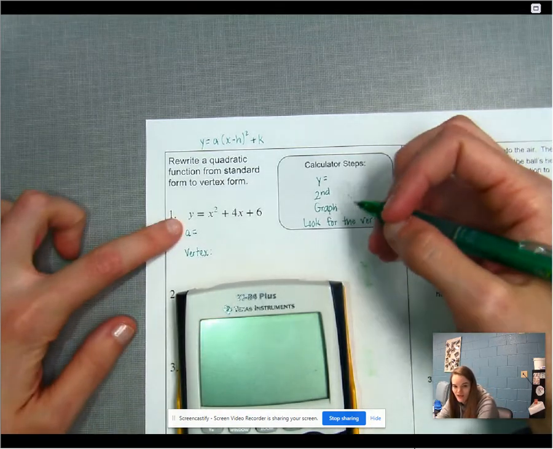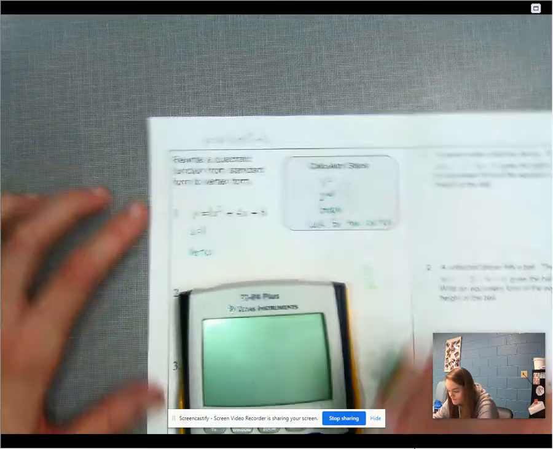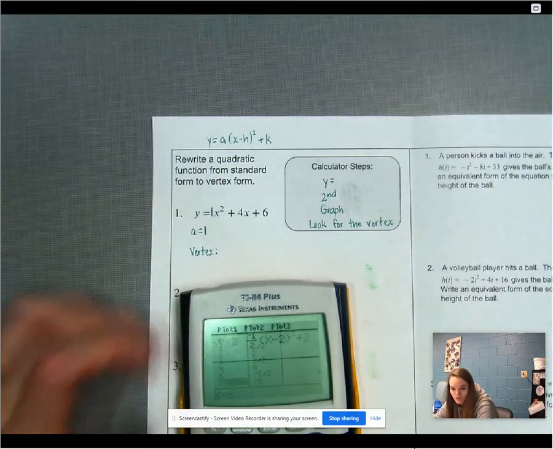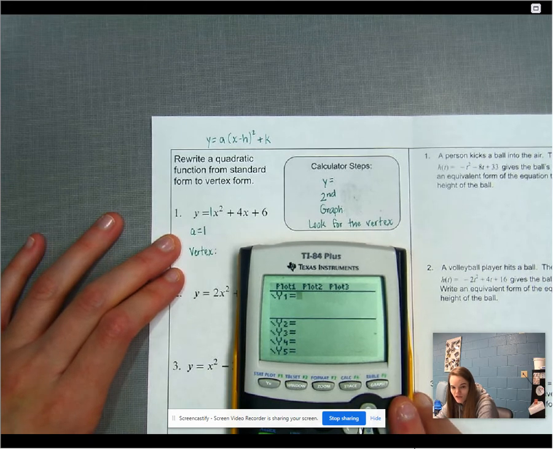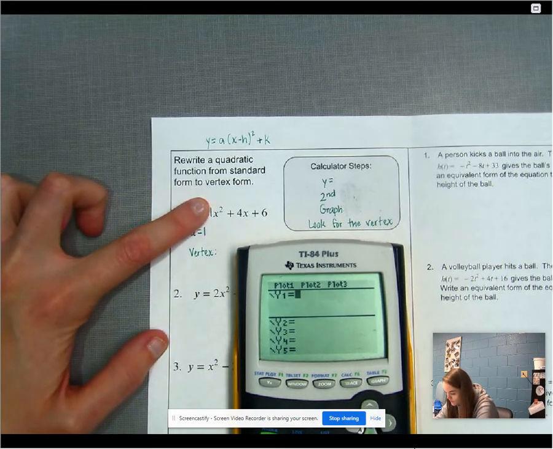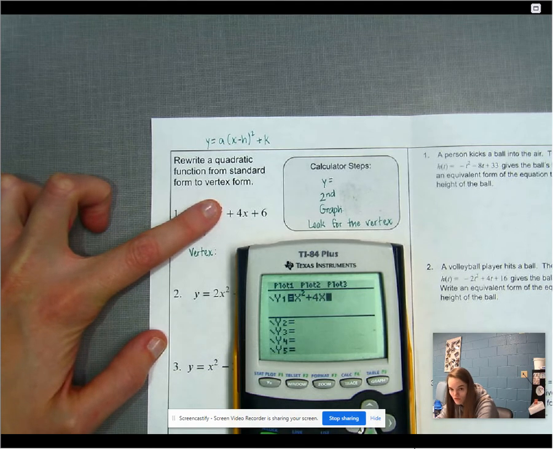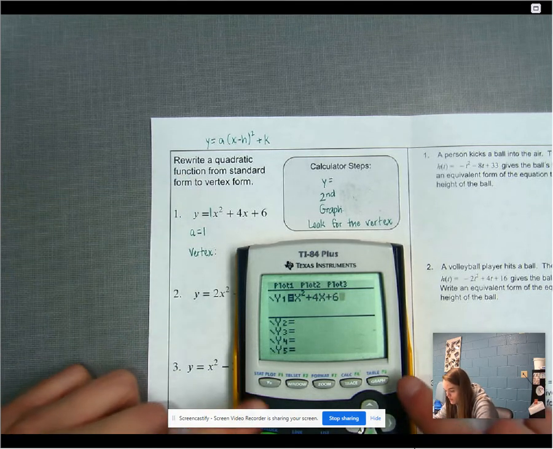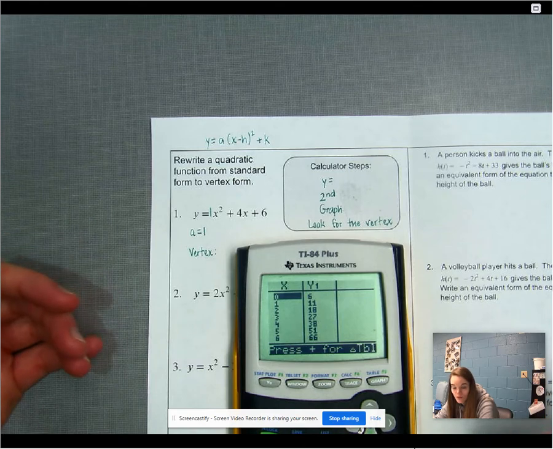First of all, A, there's nothing here, so that means it's 1. Okay, turn your calculator on and press y equals. If you got something there, clear it out. Then you're going to type x squared plus 4x plus 6. Then press second graph. We are looking for the vertex. The vertex has a pattern, meaning the y values above it and below it repeat.